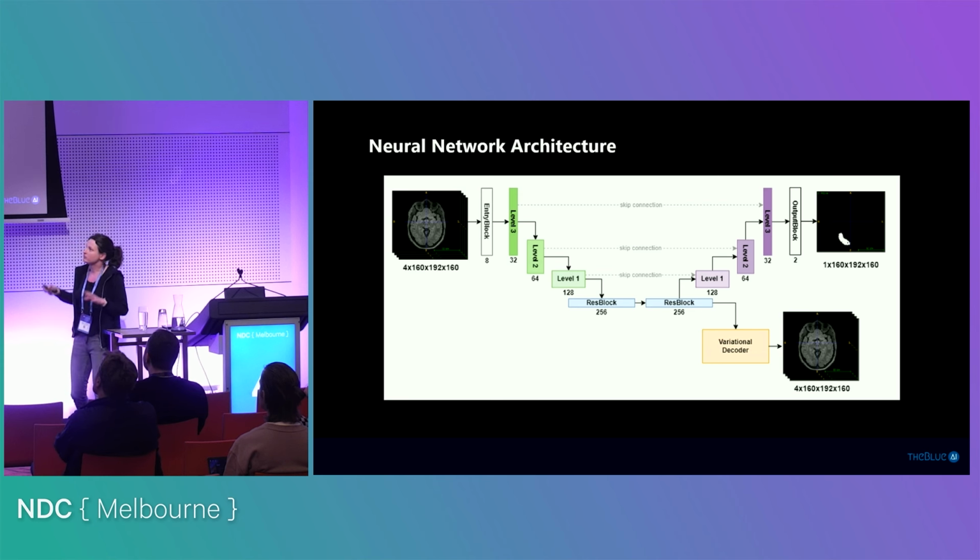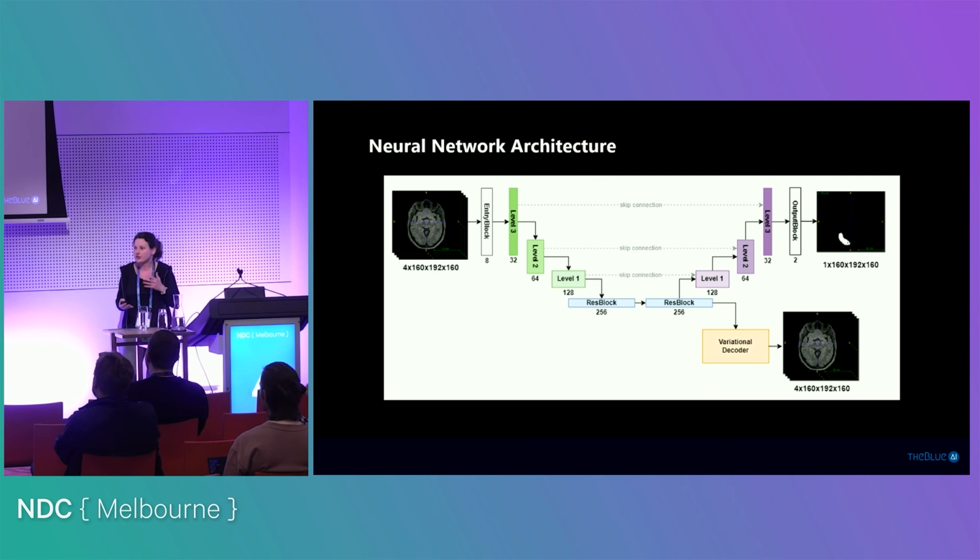This bottleneck is much, much smaller, but it encodes a lot of features, so it has quite some depth when it comes to recognizing features such as edges, shapes, etc. In the next step, we take this bottleneck and try to recreate from it either the original picture or the segmentation mask, which in this case is the quite large FCD. And to this, we also applied an additional variational decoder, which allowed us not to overfit, so that the model doesn't learn by heart the examples in our data set.